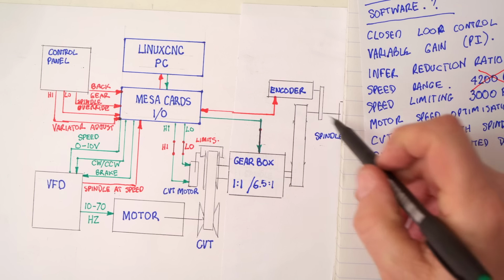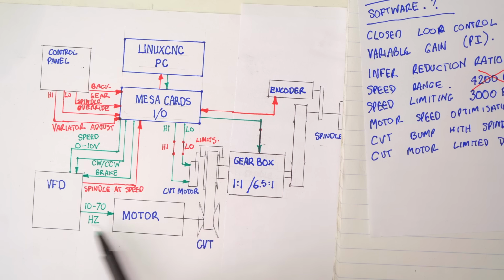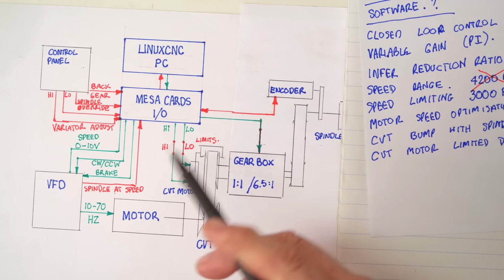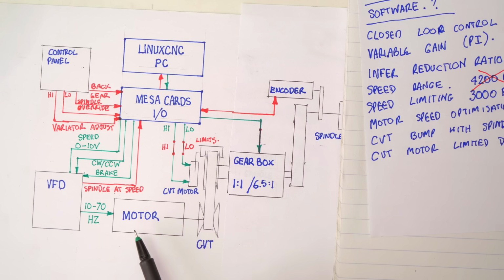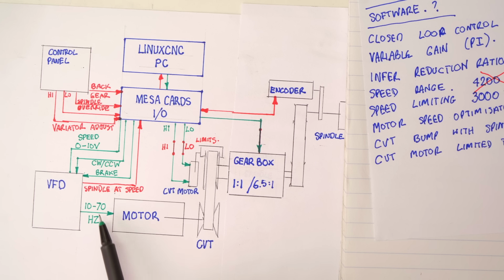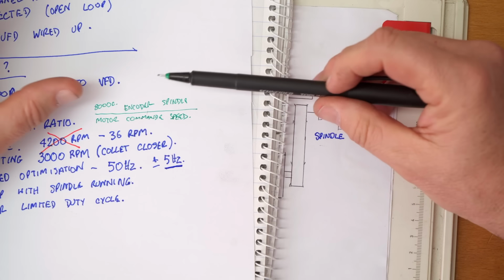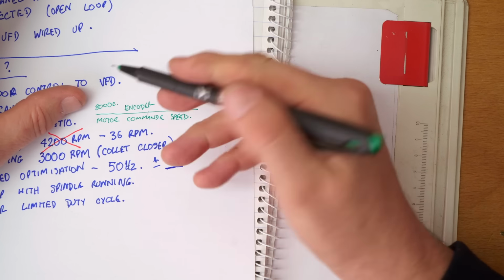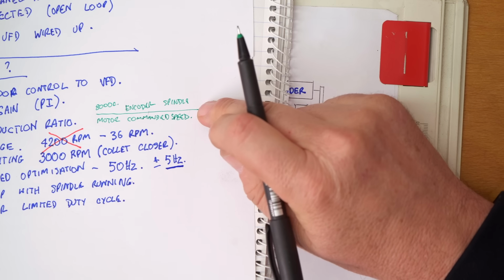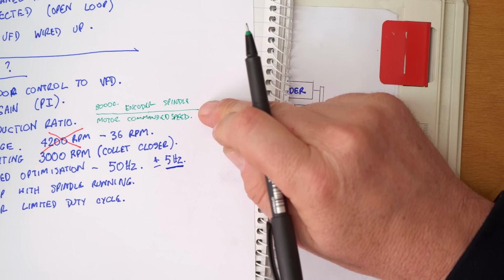But to infer the overall ratio, we also need to know what our input speed is. And unfortunately, there's no encoder on the motor. Now, theoretically, I could add one, but we're trying to see if we can do all this with just software. What we do have is motor commanded speed. Between the encoder output and the motor's commanded speed, we can infer the overall gear reduction.